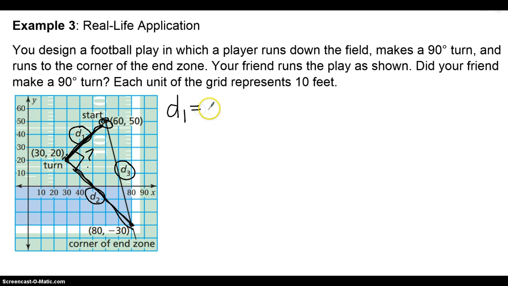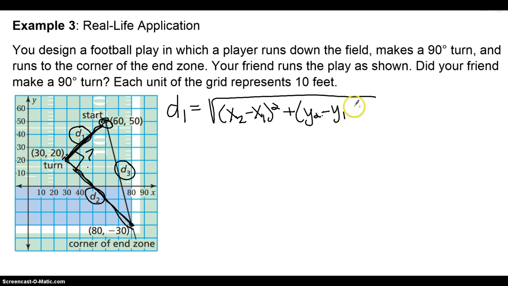And for distance 1, remember, it's going to be equal to x2 minus x1 squared plus y2 minus y1 squared. At this point, if I'm finding distance 1, I'm focusing on this space right here. So this would be x1, y1, and this would be x2, y2.